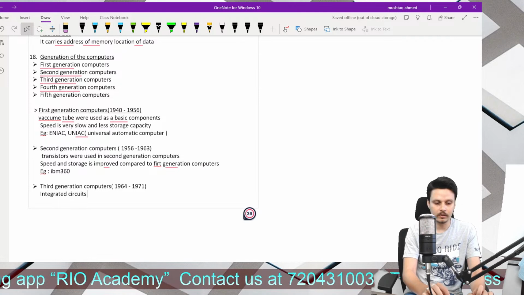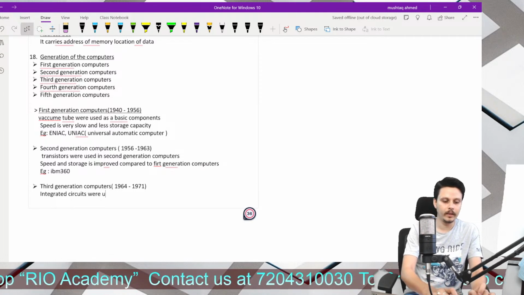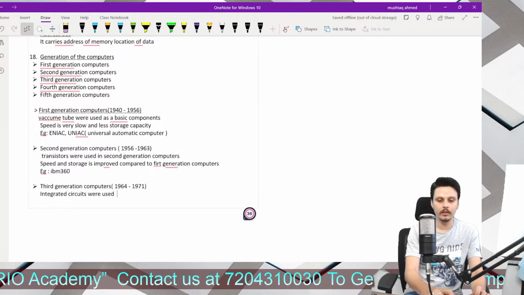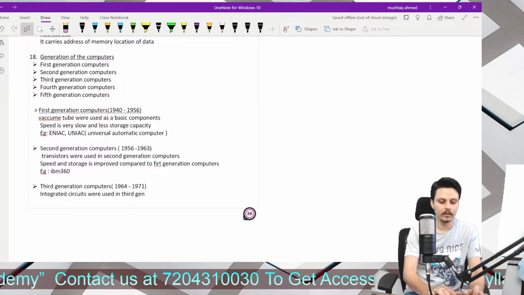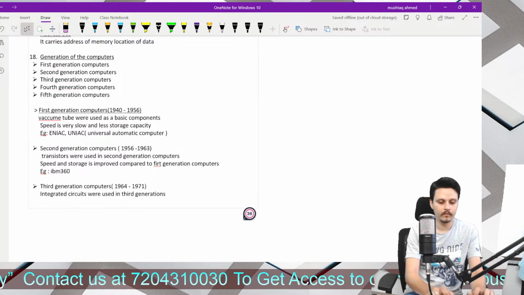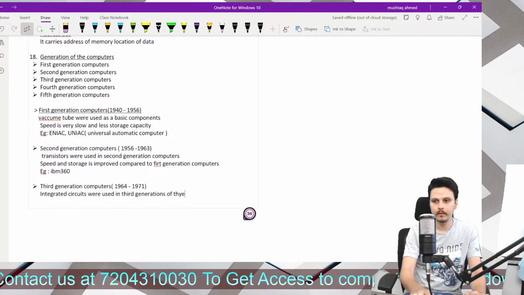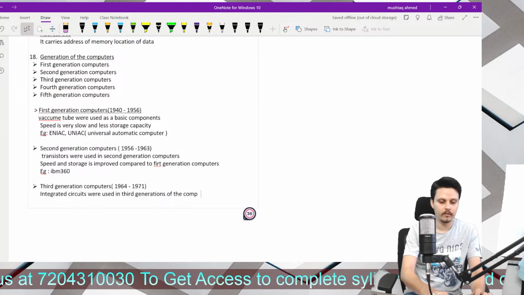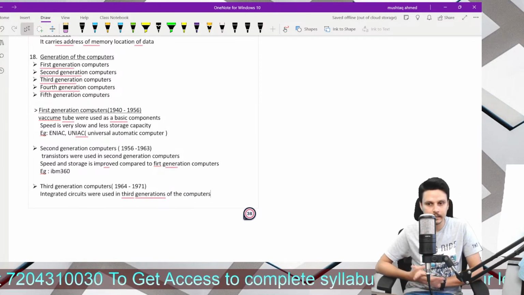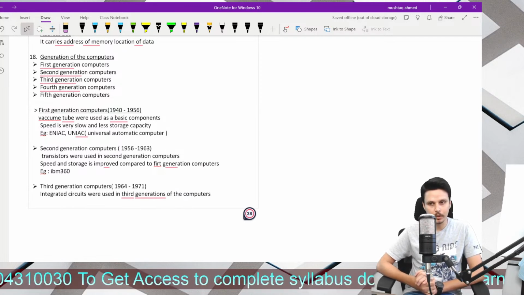Integrated circuits were used in third generation of computers.